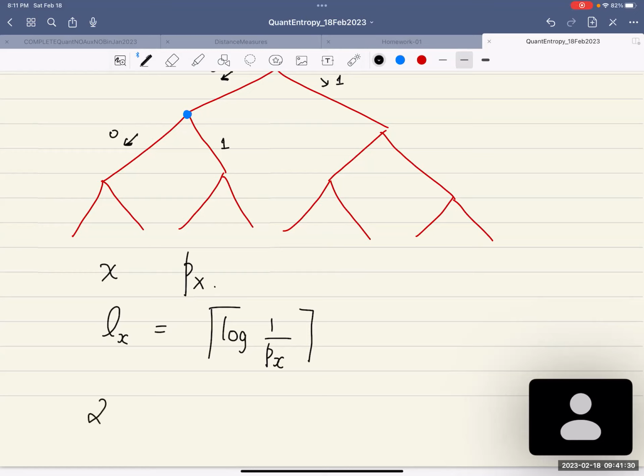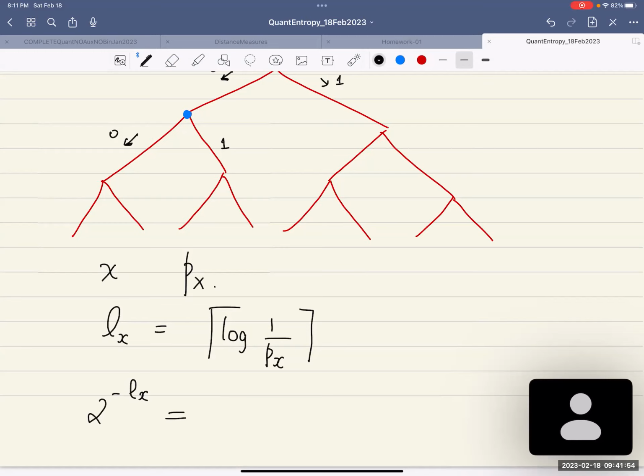So what is 2 power minus Lx? I don't think it's Px floor. Let's see.